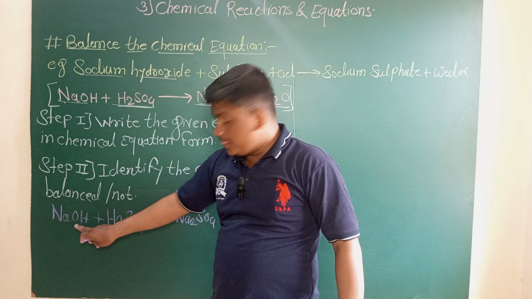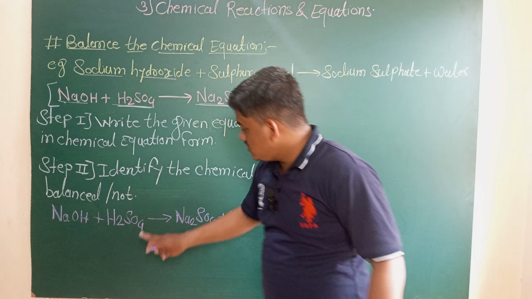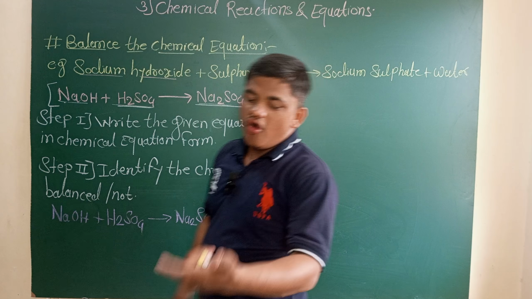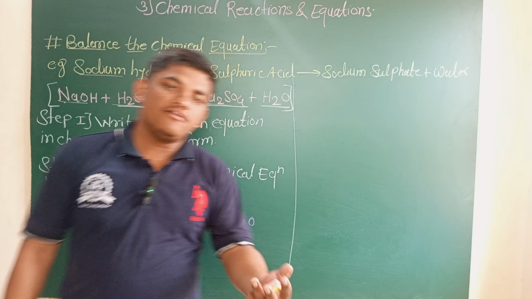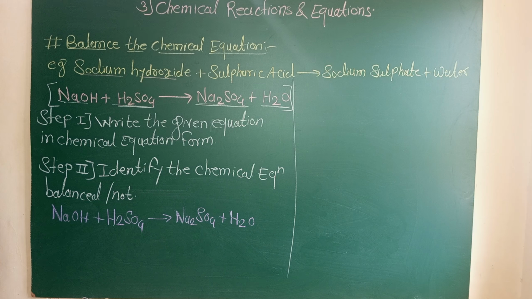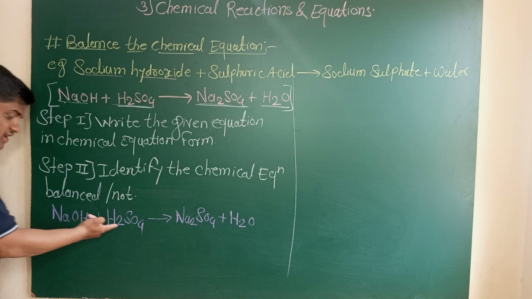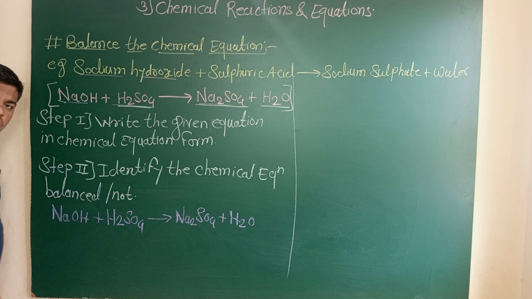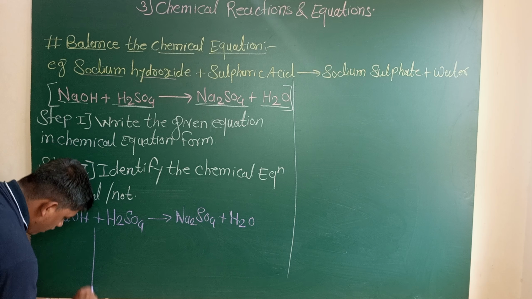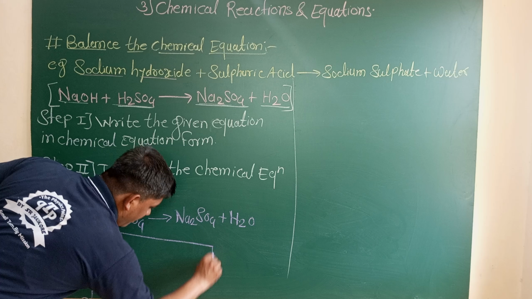These are sodium, oxygen, hydrogen, and sulfur. These are the four elements that take part in this chemical equation. First of all, make the table. The table is like this.